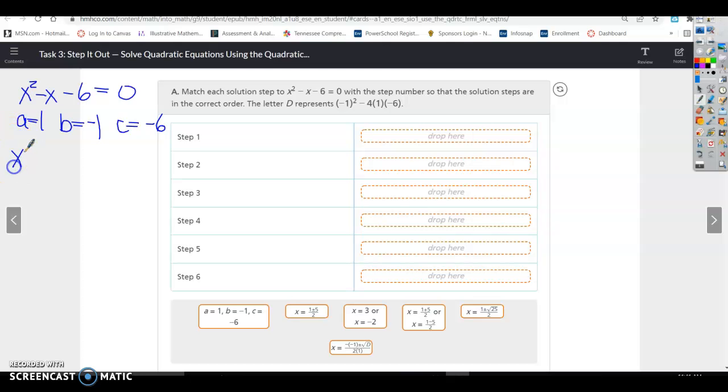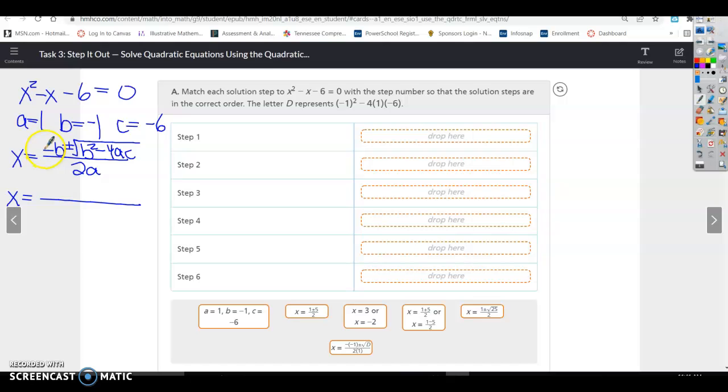All right, so remember, the quadratic formula is negative b plus or minus the square root of b squared minus 4ac all over 2a. So if you know the quadratic formula and you know what a, b, and c are, all you have to do is plug in the numbers and then simplify. So let's go ahead and do that.